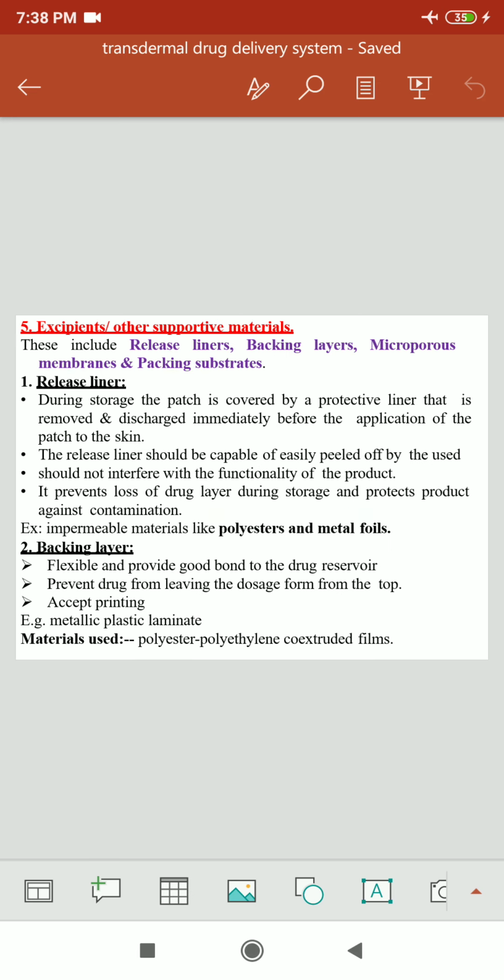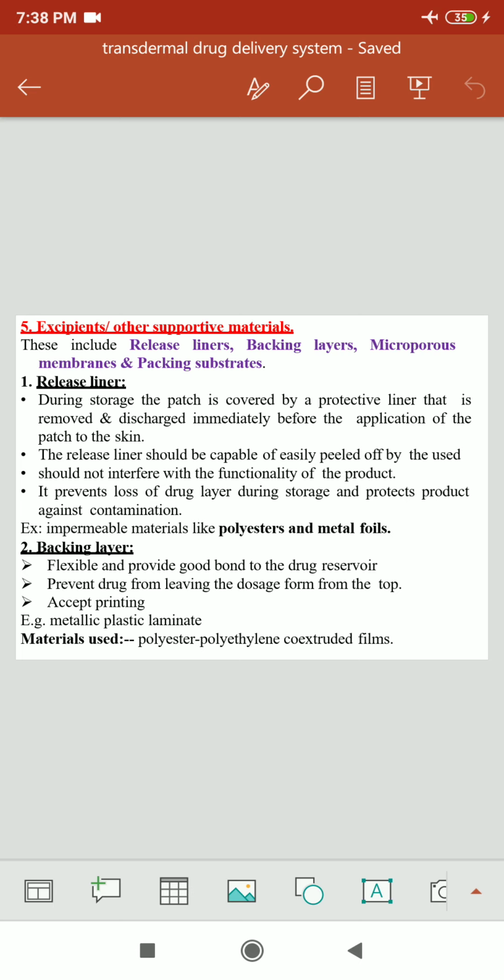Now next and fifth one is the excipients and other supportive materials. Main materials are the enhancer, adhesive material, drug, permeable material, and these other supportive materials are needed to complete our transdermal drug delivery. So these include the release liner, backing layer, microporous membrane, and packing substrates.